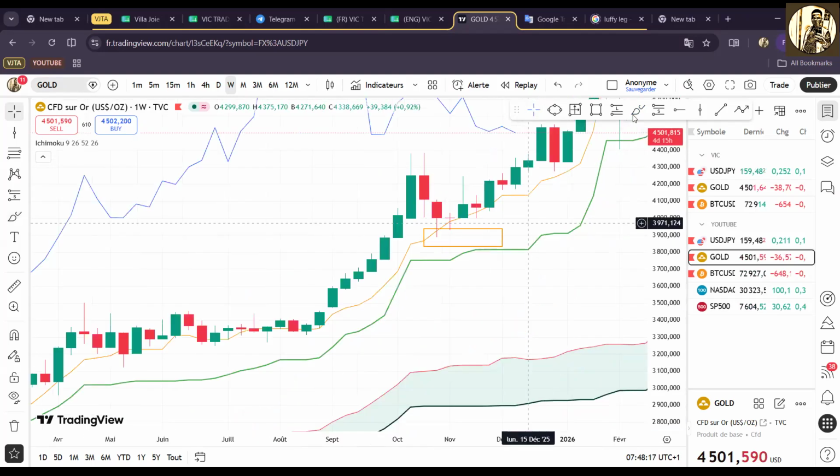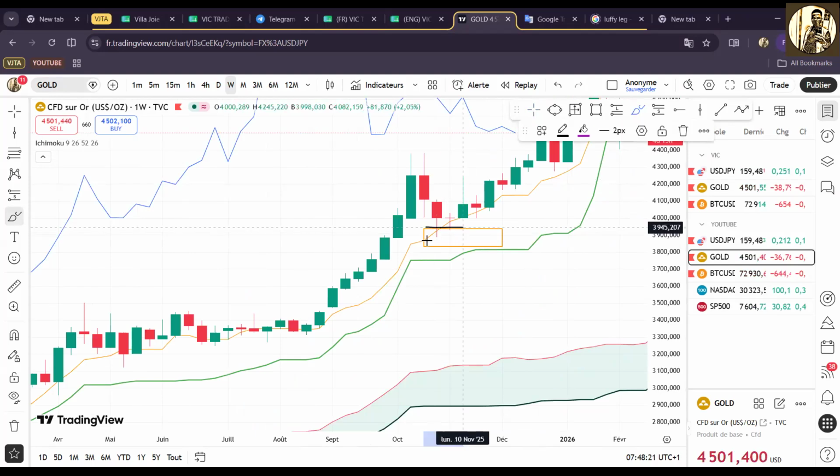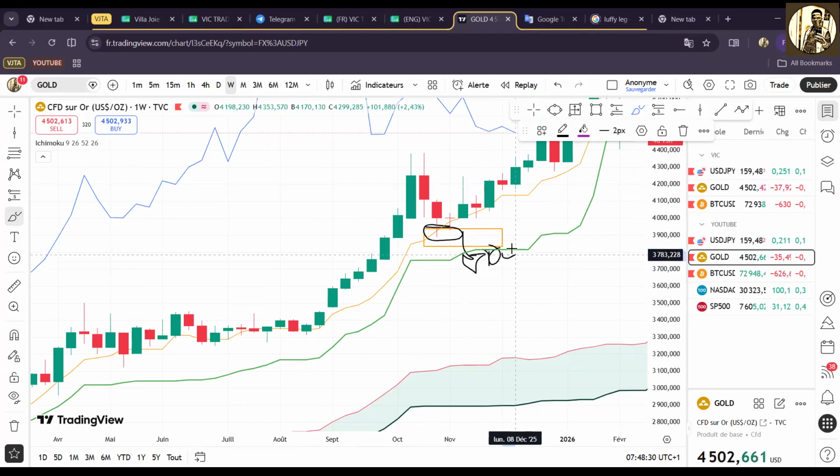And what is a zone? A zone is something on the chart that the price must touch, and that thing will make the price have 0% chance to go to the downside and 100% chance to go to the upside. That is a zone.